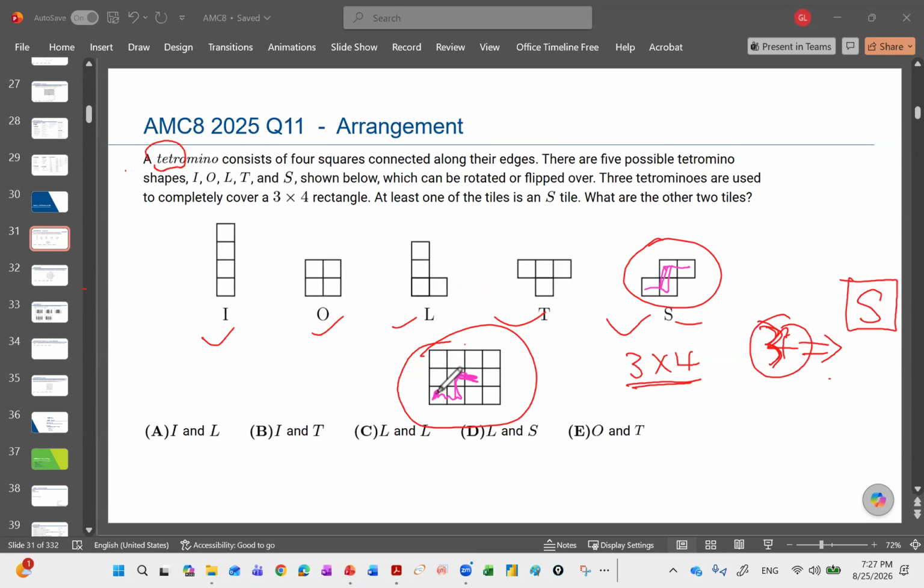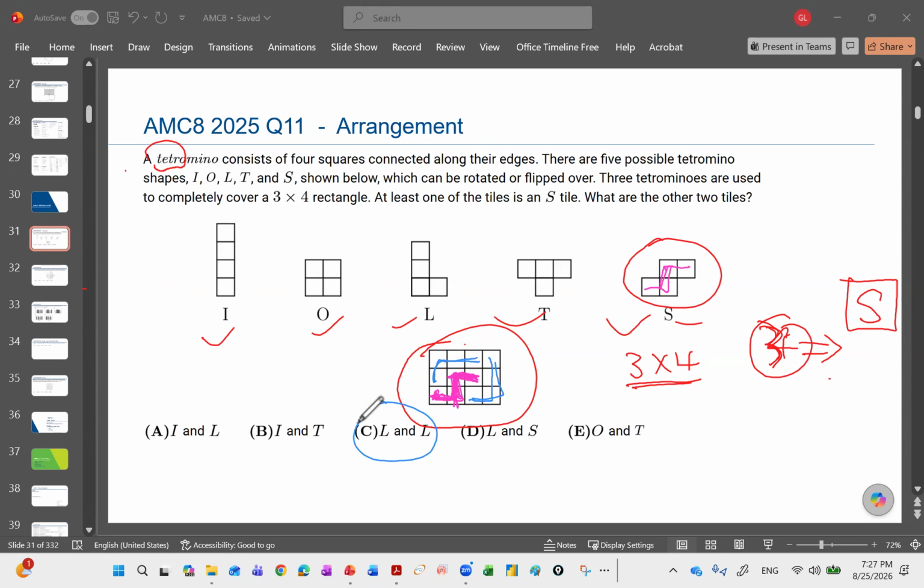Suppose S fills this 4. What's the rest that can fill in? You take this 4, and the rest will be this 4. So it looks like 2 L's. The answer is here. Make sense?